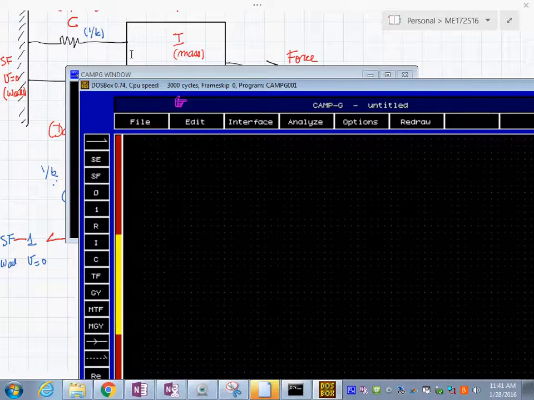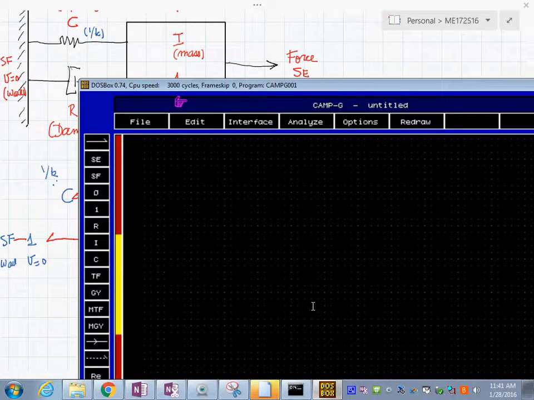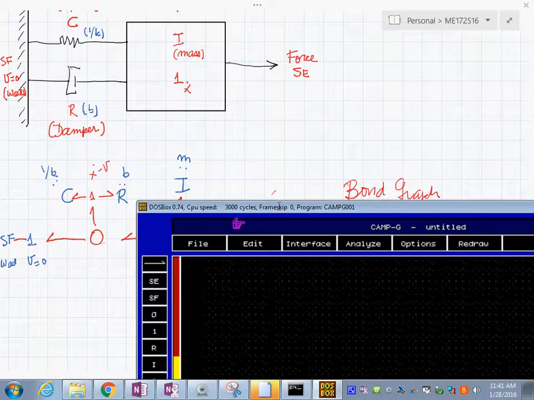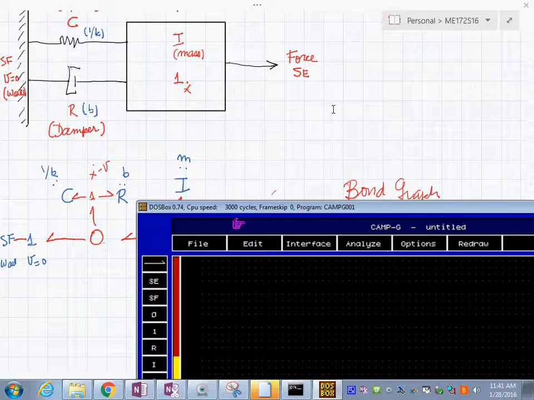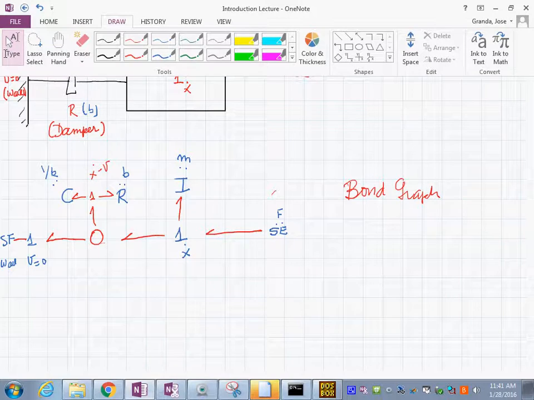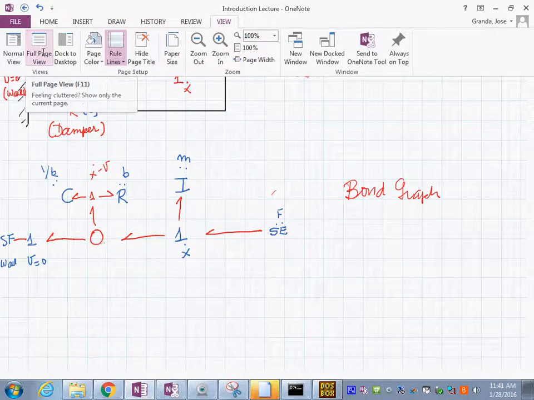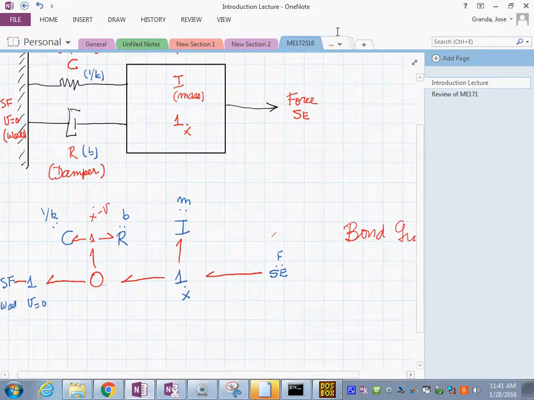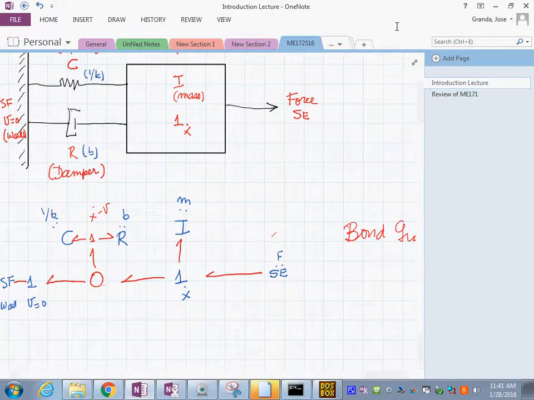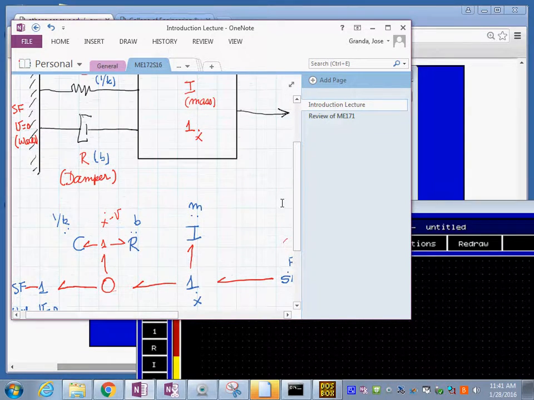We could move it down here and make it small over here. This is the stuff that I cannot do if I use just the whiteboard.